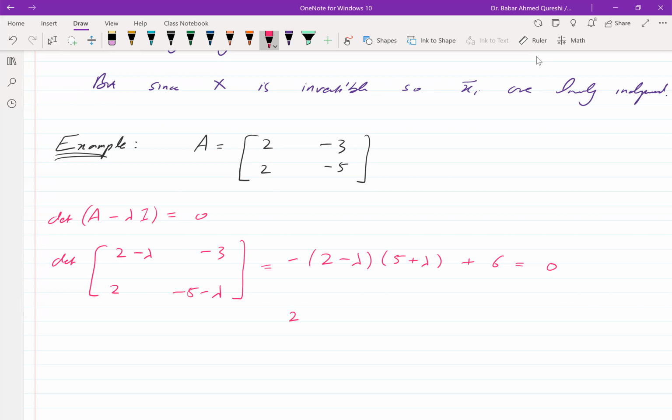So I have minus 10 plus 5 lambda minus 2 lambda, then plus lambda square plus 6 is 0. So lambda square plus 3 lambda minus 4 is equal to 0.